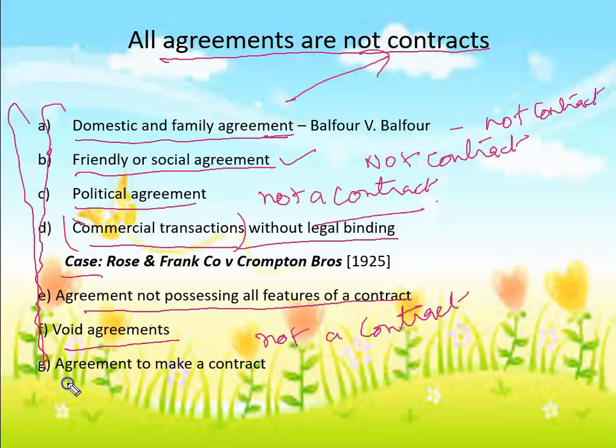Next one is agreement to make a contract. You are making an agreement and you are seeking some kind of authority from some other person. For example, there is A and B, and A makes an offer to B and B says yes to that, but at the same time he says that I want some kind of permission for this. So I cannot right away give 100% of my assurance to you.